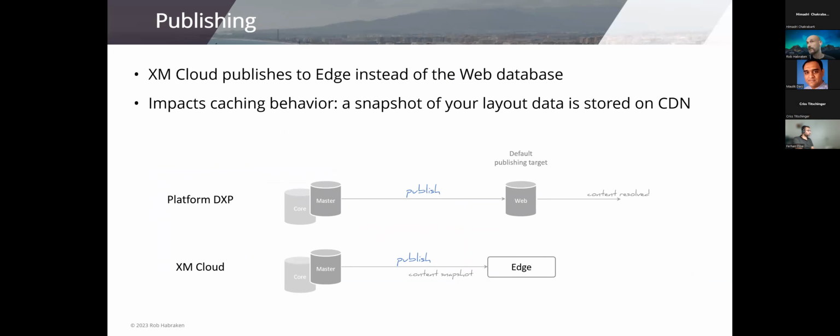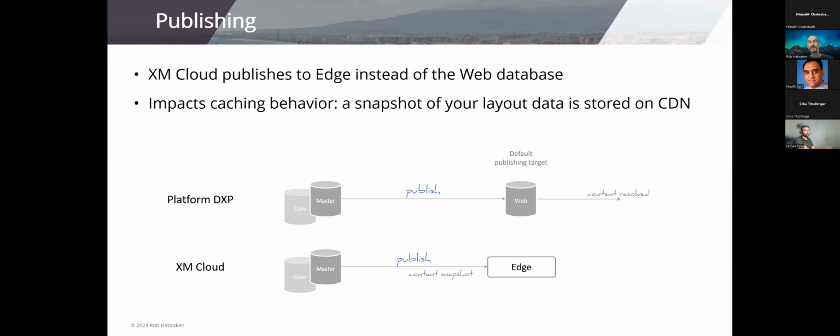As I said, there's no web database anymore, and that changes a few things. The first, most obvious one is the publishing. In the past, with Platform DXP, you used to publish, which means that it would actually copy content over from your master to your web database. And at request time, your content would get resolved from the web database, which was your default publishing target.